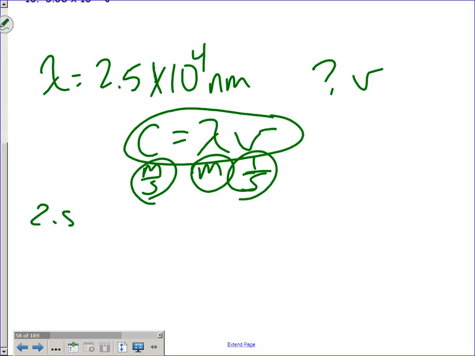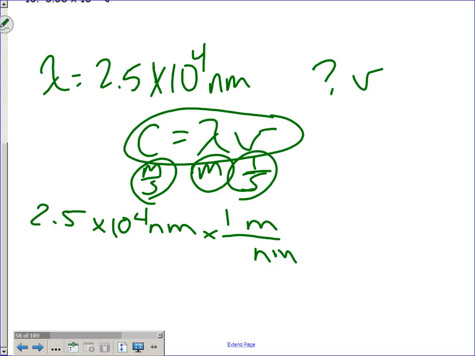So 2.5 times 10 to the 4th nanometers, multiply by doing your dimensional analysis. What do you want to convert to? Meters. So the meter needs to go on top, and I know the nanometer needs to get canceled down here. What's the relationship? Who gets 10 to the 9? Nano, right?